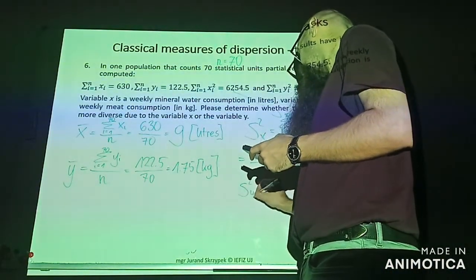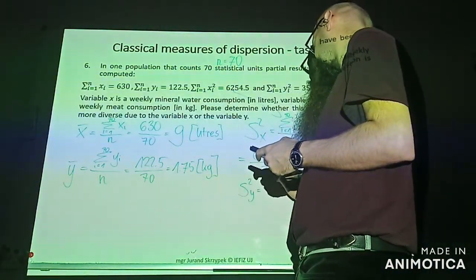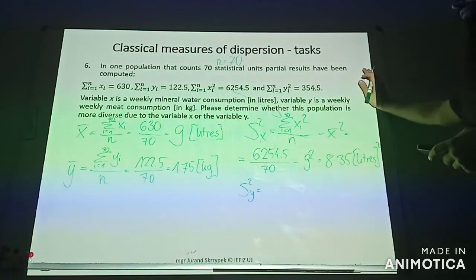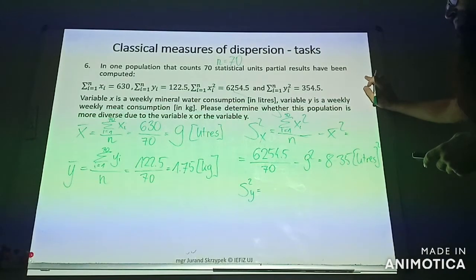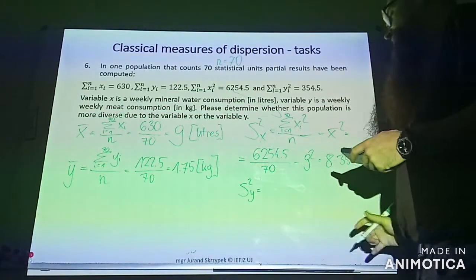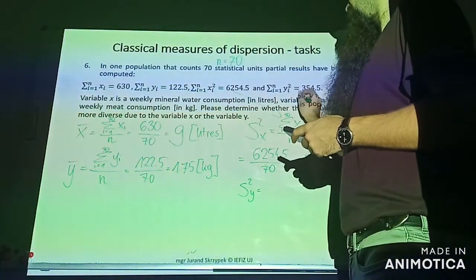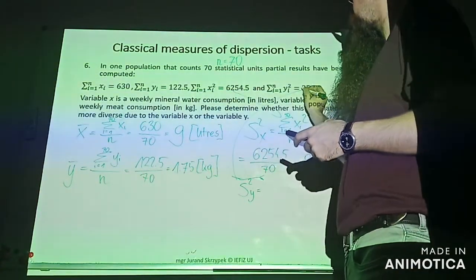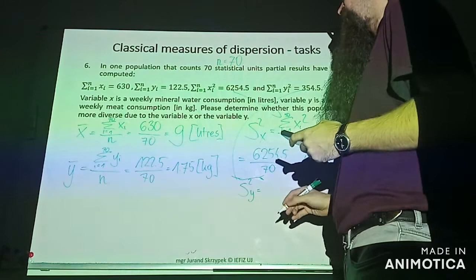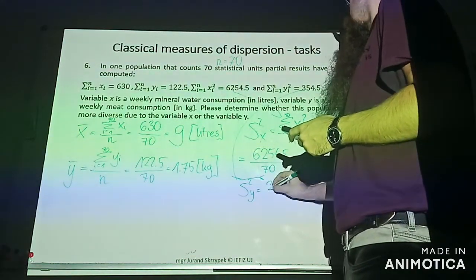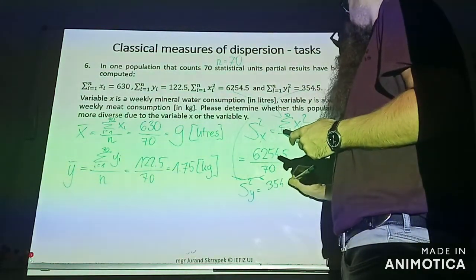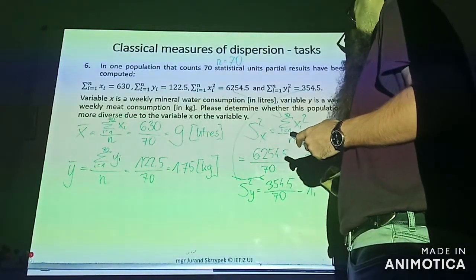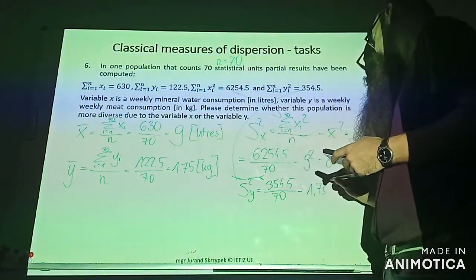Okay, now I am able to compute the variance of weekly meat consumption values. The partial result is the sum of squares of weekly meat consumption, 354.5 divided by 70 minus 1.75 squared.